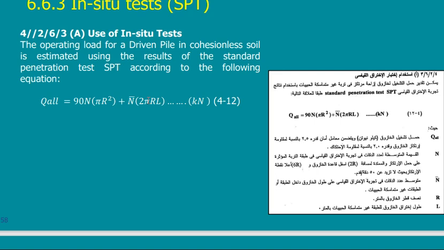So from the first look, you will know which is end bearing and which is friction. Friction uses the area of the sides. End bearing uses the cross section of the pile. So this is the part that gives you the value of the end bearing, and this is the part that gives you the value of the friction.